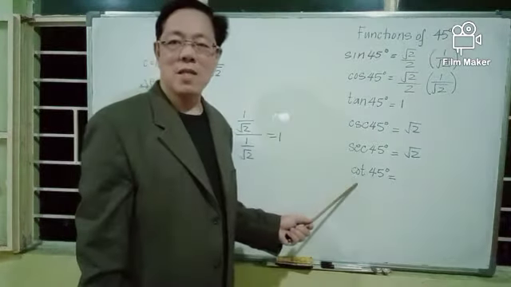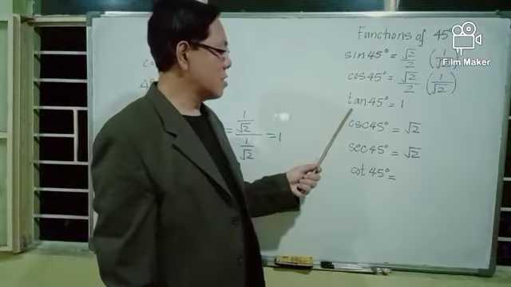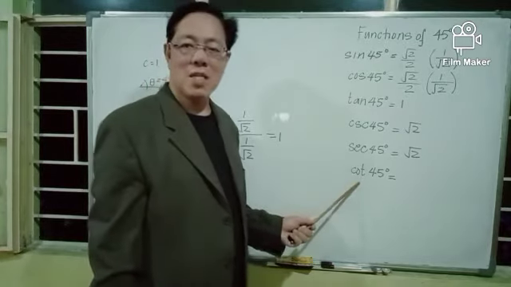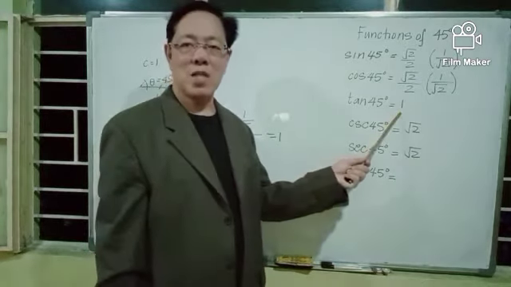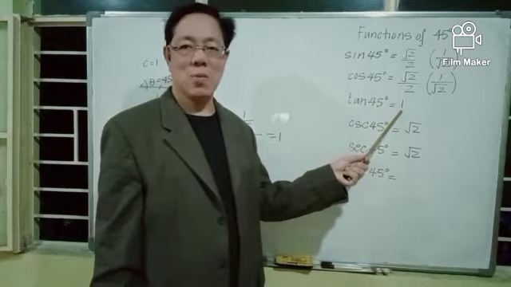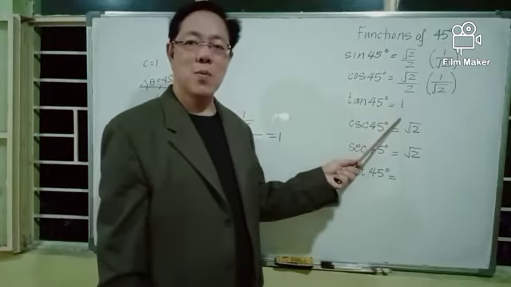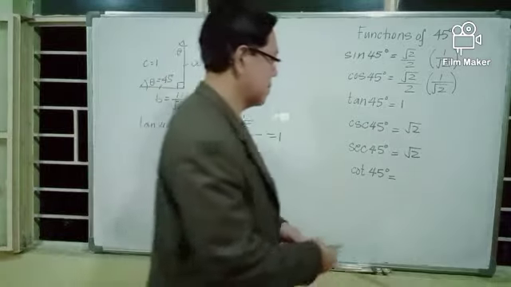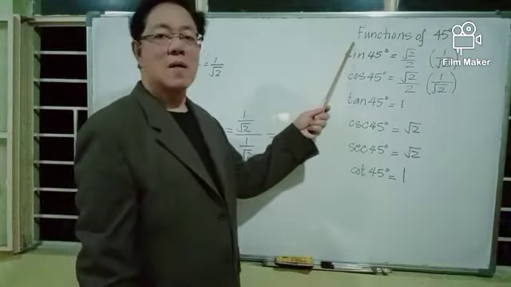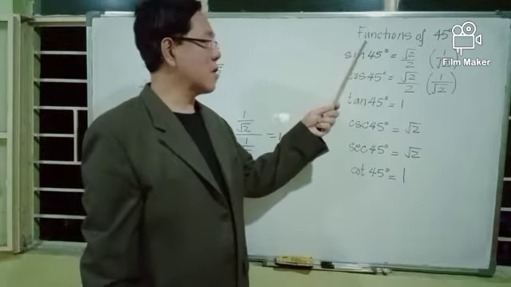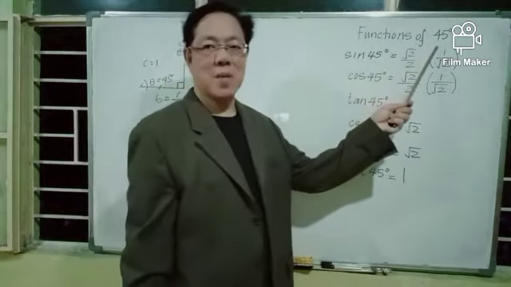And cotangent is the reciprocal of tangent. Thus, the value of cotangent of 45 degrees is the reciprocal of the value of tangent of 45 degrees, which is 1. And the reciprocal of 1 is 1. These are the values of the 6 trigonometric functions of 45 degrees.